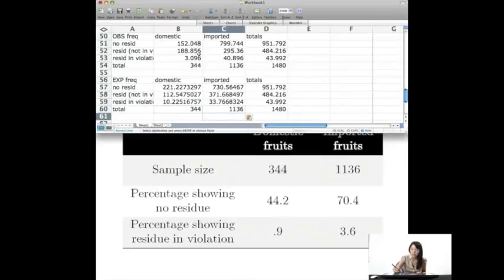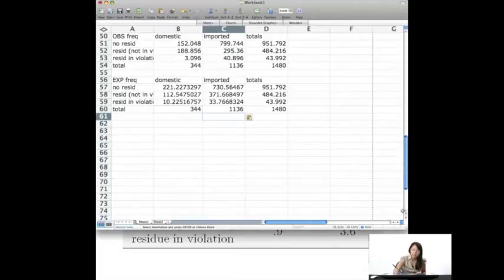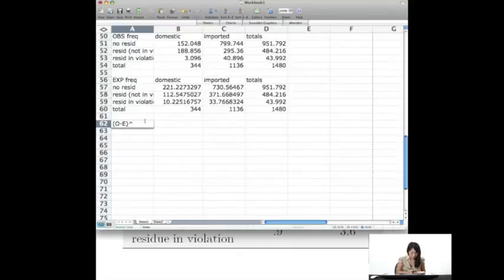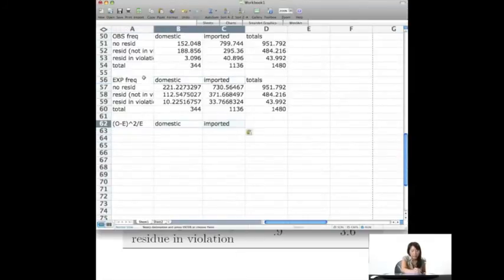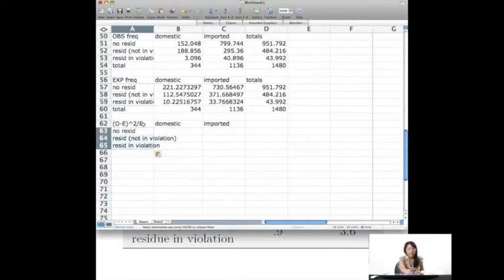Great. So once we have our table of observed frequencies as well as expected frequencies, now we can start to calculate for each cell the observed frequency minus expected frequency squared as a proportion of expected frequency. So O minus E squared as a proportion of expected frequency. So I will copy these cell labels.